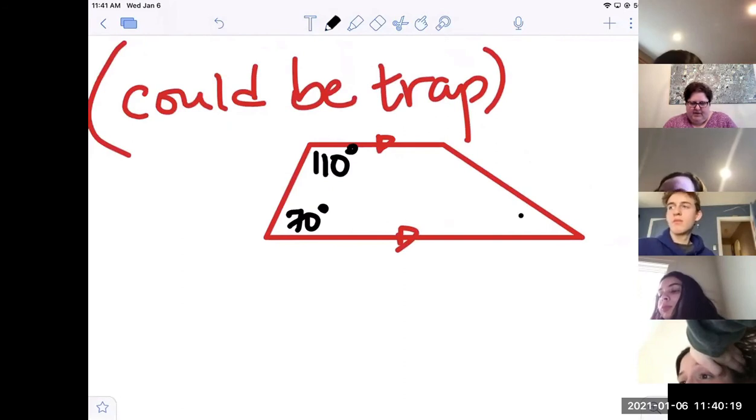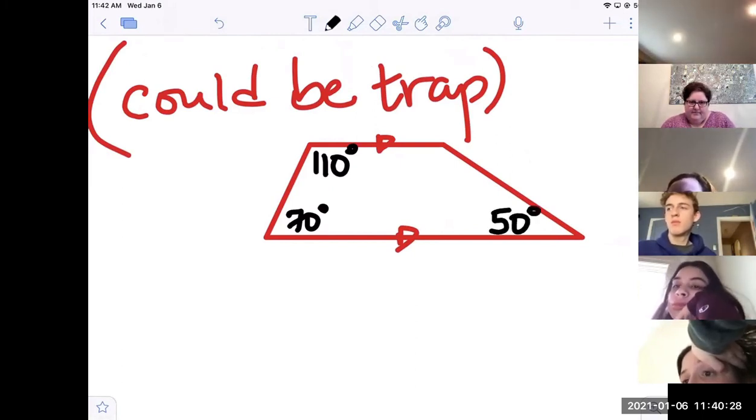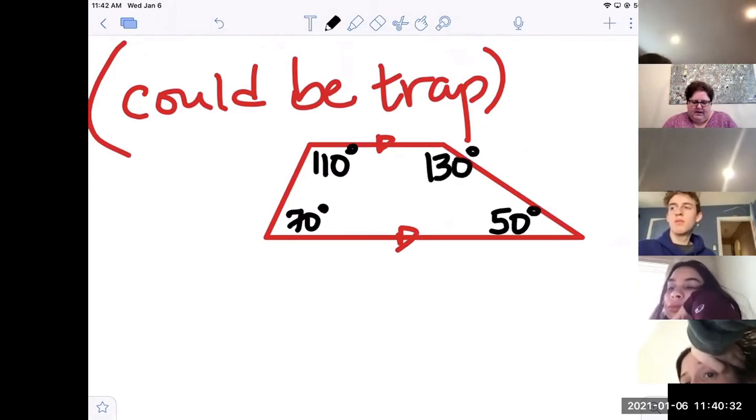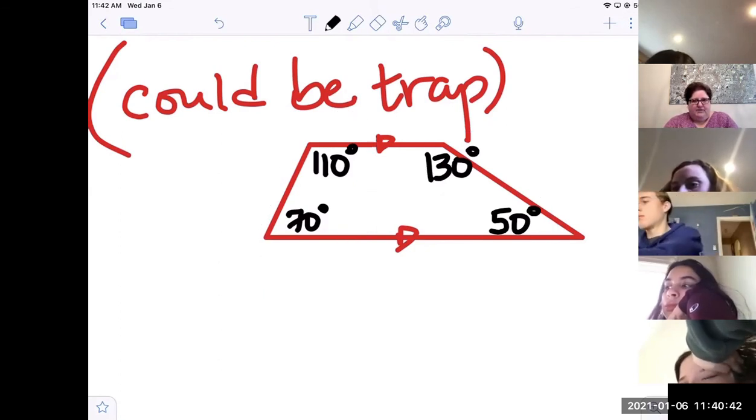Give me a number for that angle. 50. Okay, let's say that one's 50. What would the top one have to be? 130. And this is not isosceles. Trapezoids don't have to have the same numbers over here as they have over here, right? As long as you have two pairs of supplementary angles, that's fine.